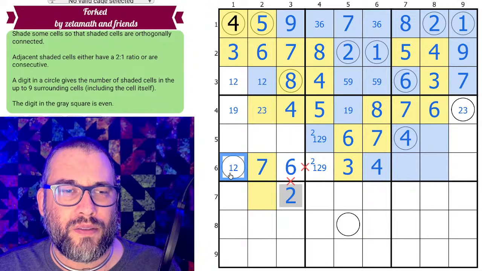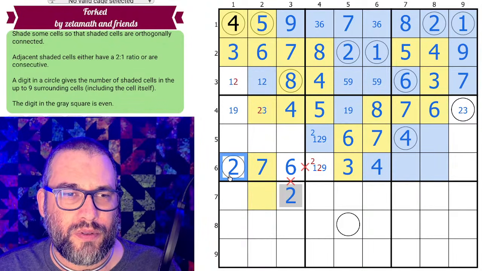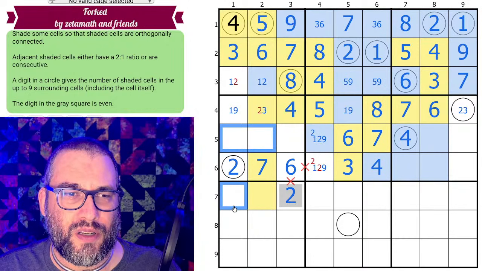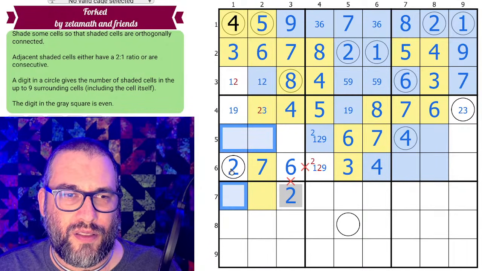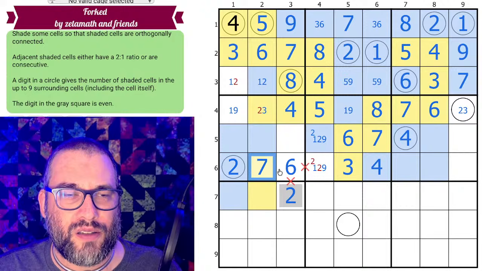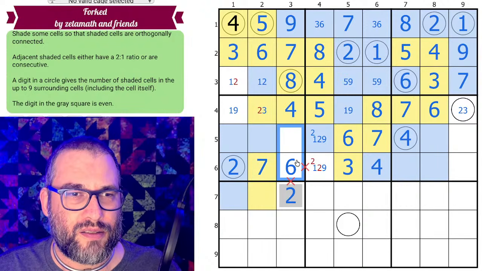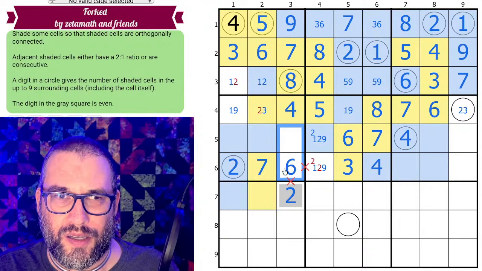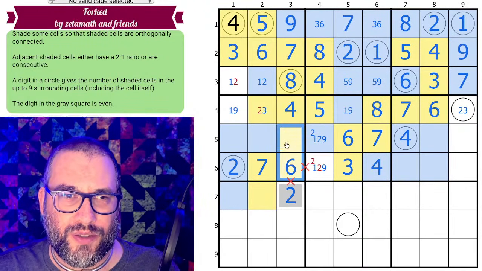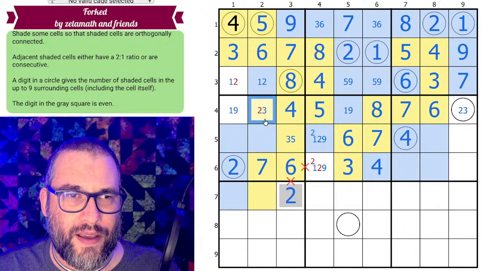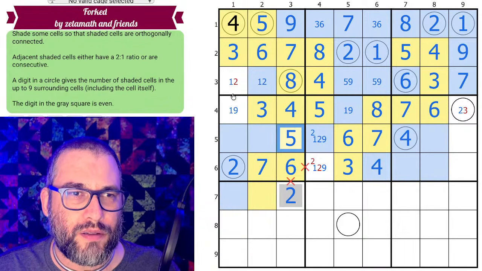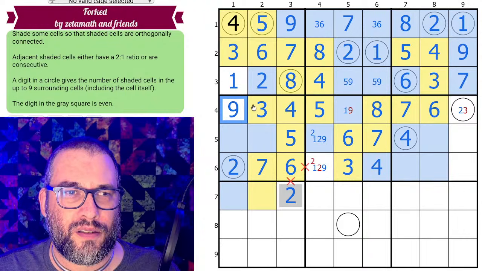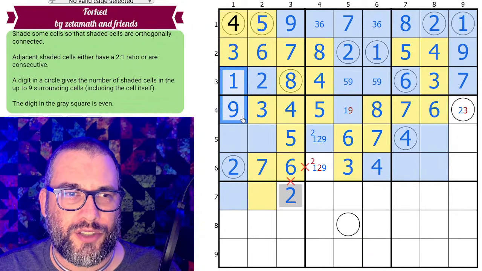And now this is already 2. So those are all, yeah, so these are shaded. This is a 3 or a 5, except we're about to know which one. These are unshaded.